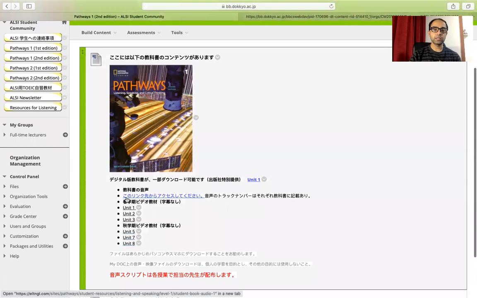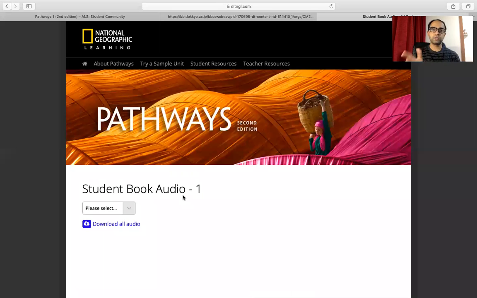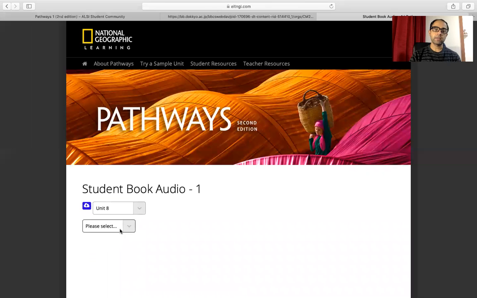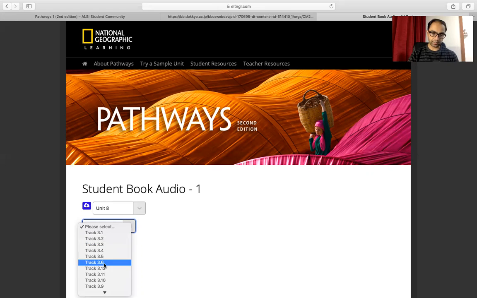From there, please click on the link and you will be guided to this page. From there, please choose Unit 8 for today. And for Unit 8, please choose the related tracks, okay?